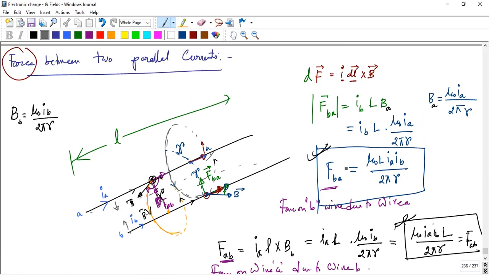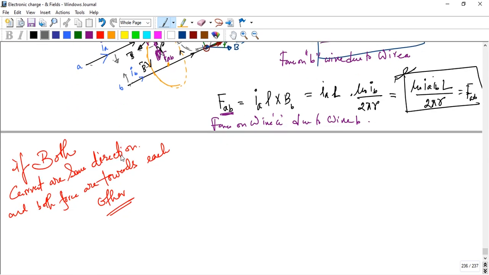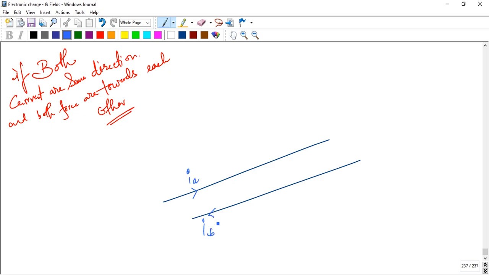Now there is another important concept. If both currents are in opposite directions, what will happen? Suppose this current IA and this current IB, and obviously these two are parallel lines.